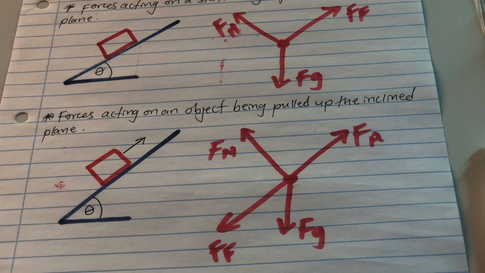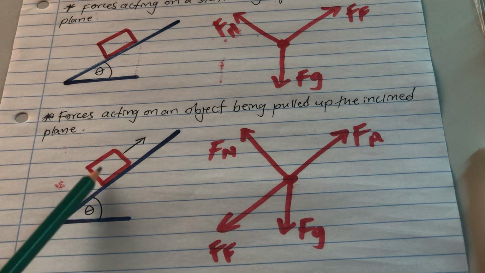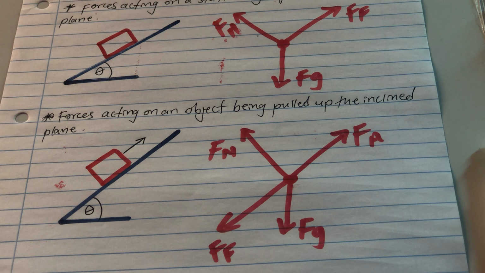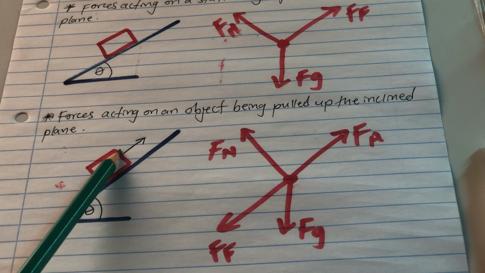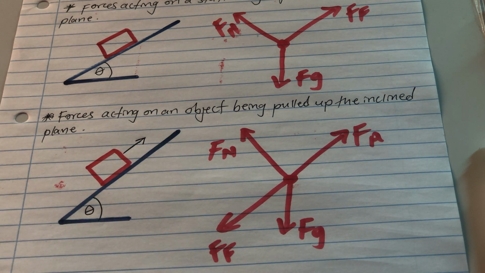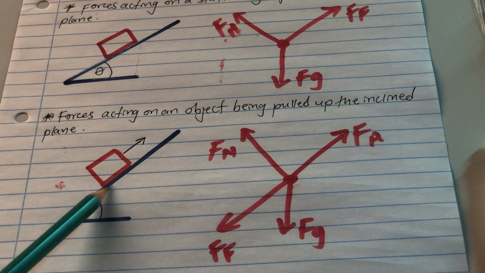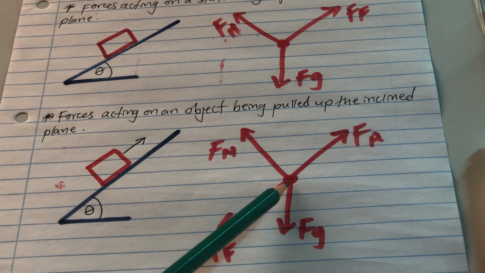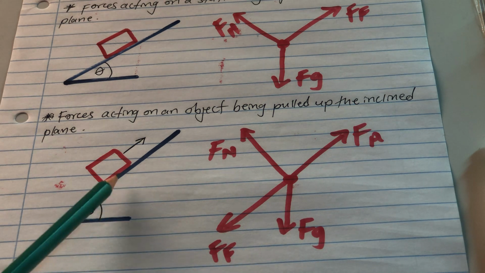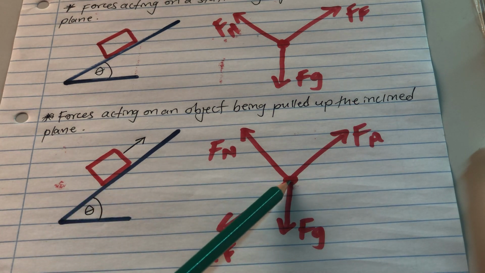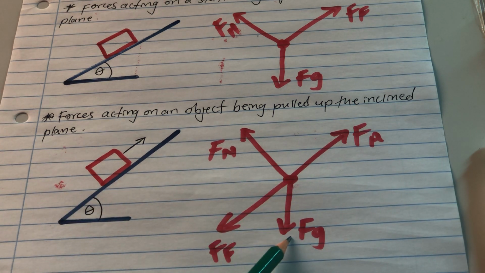Another one, forces acting on an object being pulled up the inclined plane. Now in this one, we are told that the object is being pulled up the inclined plane. Let's show the forces. F normal is perpendicular to the surface. Here is F normal. Fg always points vertically downwards.